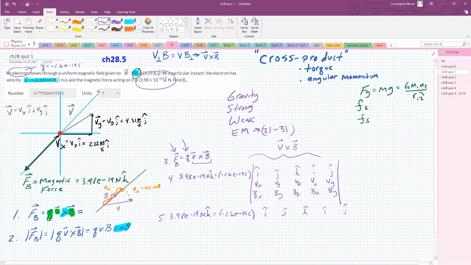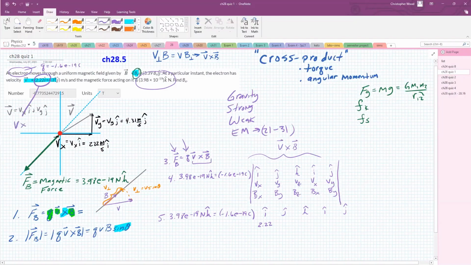My velocity in the X, according to my problem statement, my X velocity is 2.22. I'm not going to write down meters per second. Meters per second is assumed. So there, this is VX.